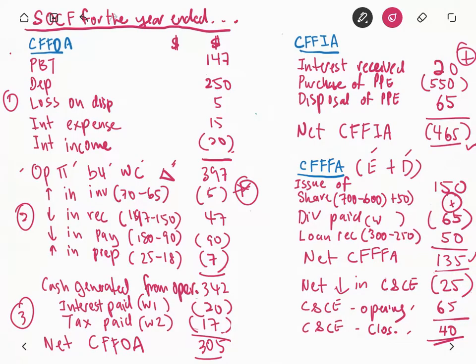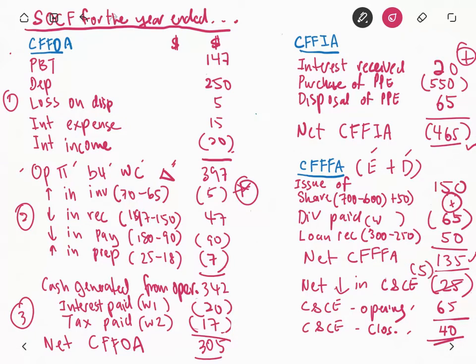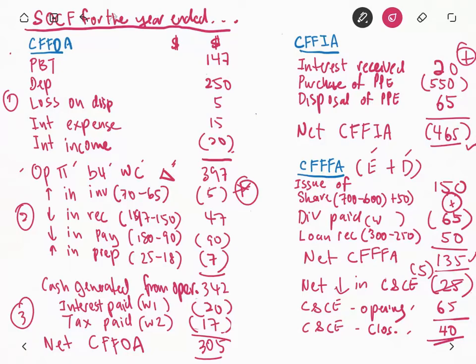Will your this one agree? Net increase or decrease 25? You will not get negative 25, correct? Assuming you get negative 5. Will it balance? Balance as in 65 minus 5 should get 60, but I got 40 here. Doesn't balance. How? In your exam?